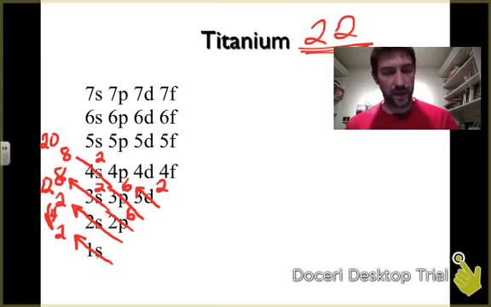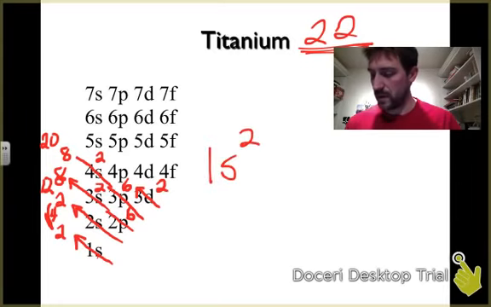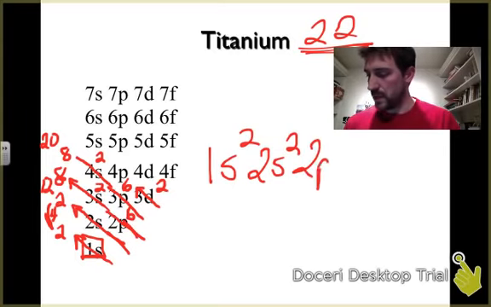I go back to the first ones I canceled and write them out just like we did before. For titanium, I write out 1s2. That's this right here. Then I go up here to the next line, and that was the 2s2. Then I go up here to the next line. I run through the 2p6, and then it runs through the 3s2.